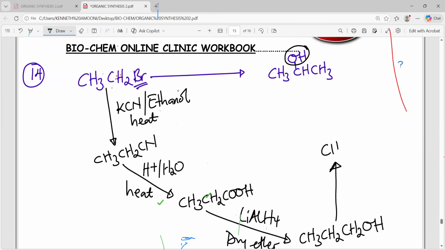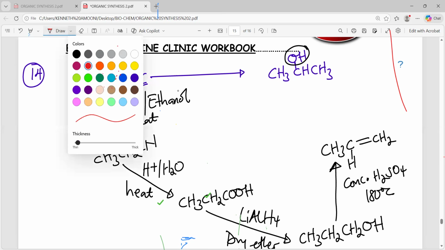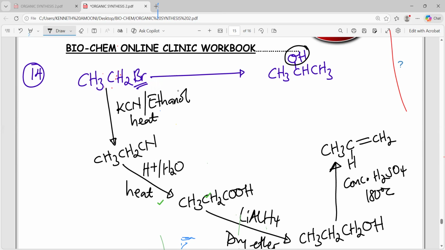That means I can first convert this to an alkene. So I'll have CH3CH=CH2 by obviously using concentrated sulfuric acid, and then I'm going to heat it at 180 degrees Celsius. Then from there you can add acidified water to form the final product. You add acidified water and then you warm, and it will give you that final product.